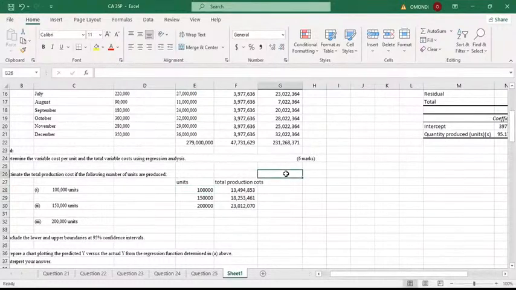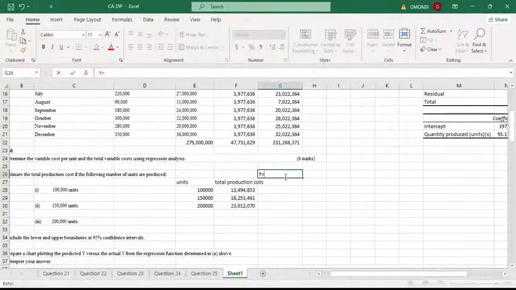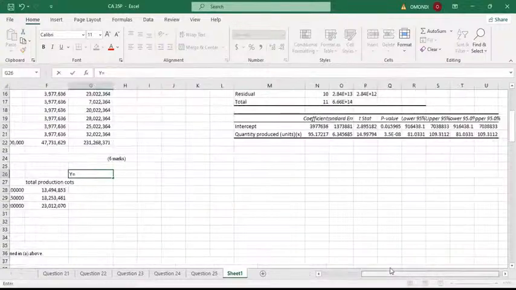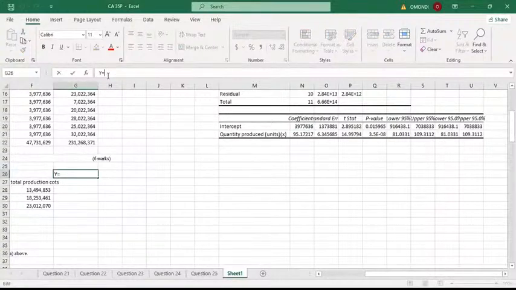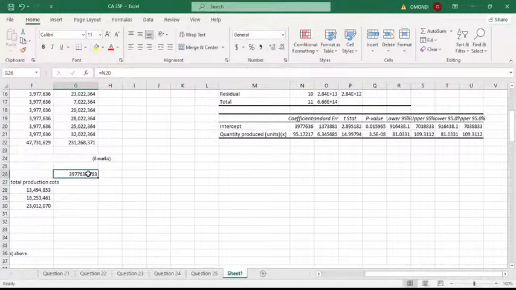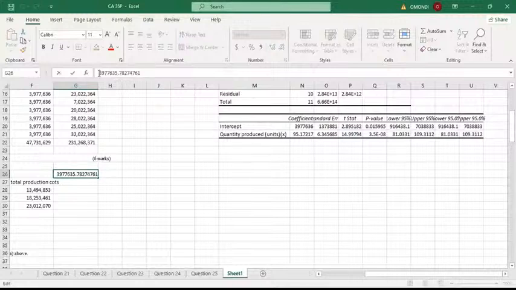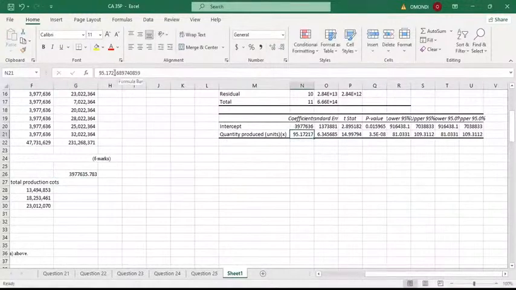What was the function? Y is equal to a plus bx.